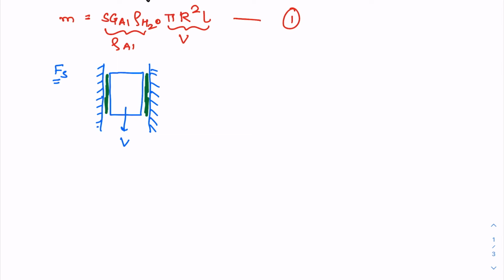If I zoom in on this thin film of the fluid, what I'll see is on the left, I will have the side of the piston. On the right, I will have the steel tube, and this piston is moving with a velocity v downwards, and this steel tube is stationary.